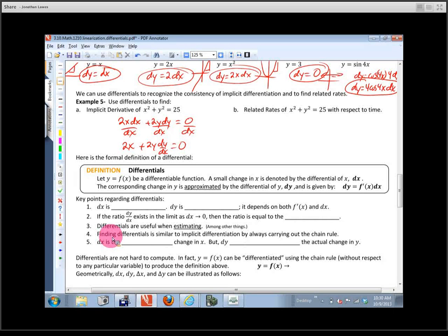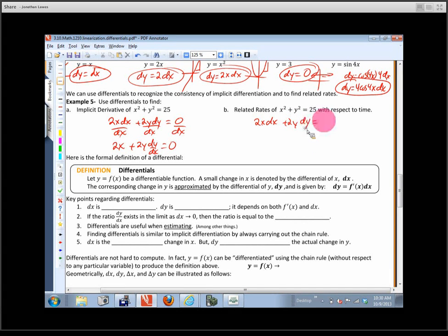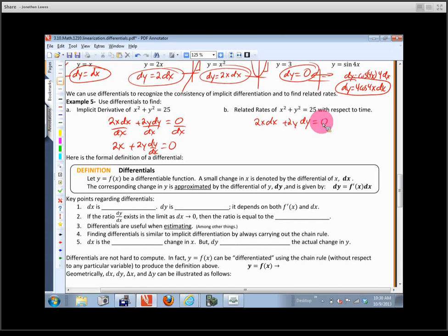So you could approach this using differentials, and the cool part about this is, if I look at this problem right here, and let's say we wanted to find the related rates, and let's say we were differentiating with respect to time. Well, the differentials are still the same as they used to be. Get in the habit there. What if I did want to find the derivative of these quantities with respect to time?